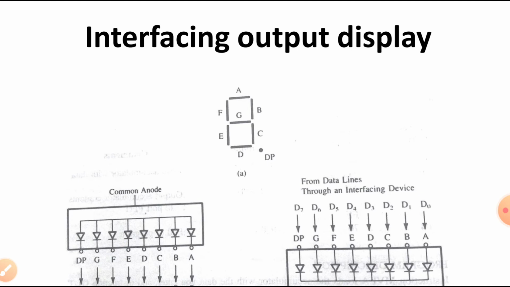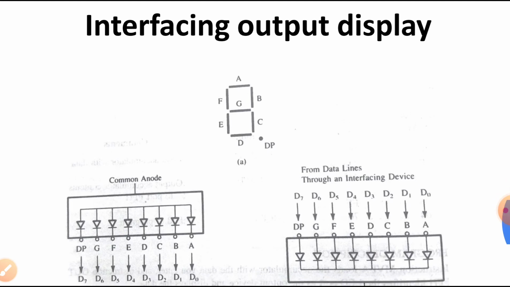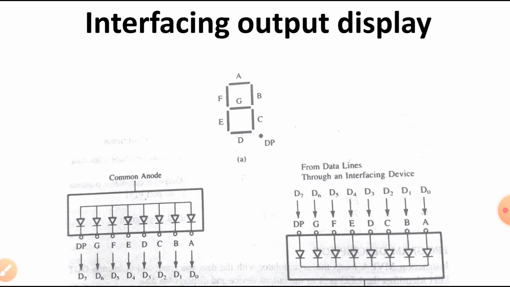Now if we want to display a digit 7 on this LED, and it is a common anode 7 segment LED, logic 0 is required to turn on a segment.